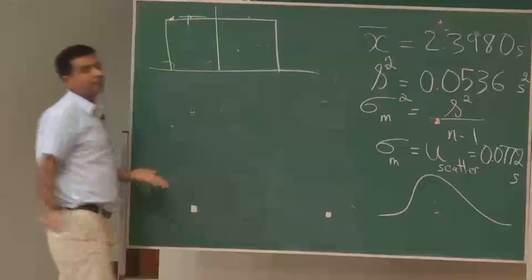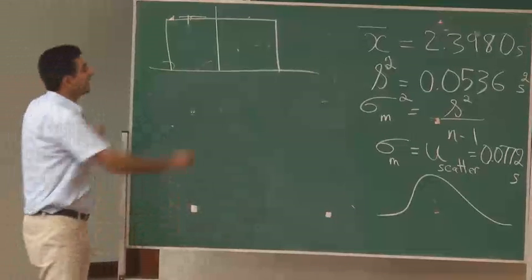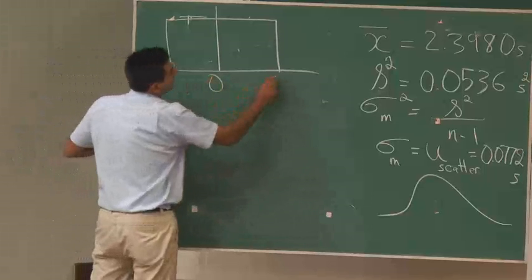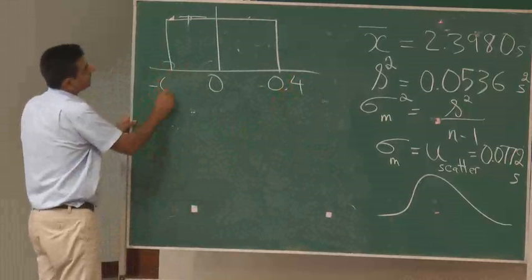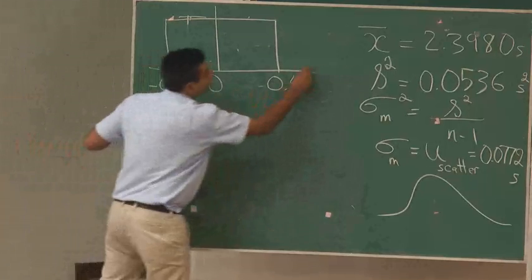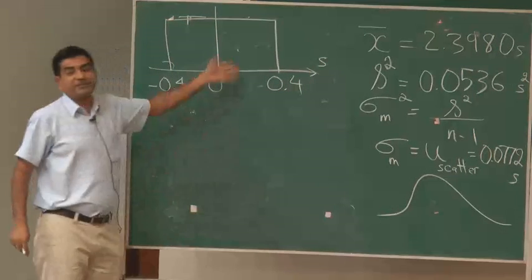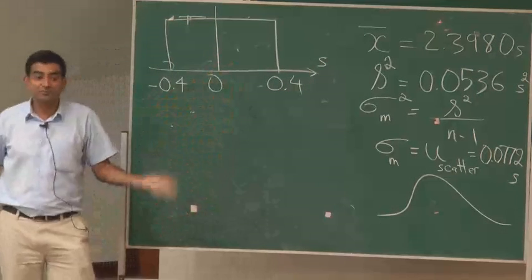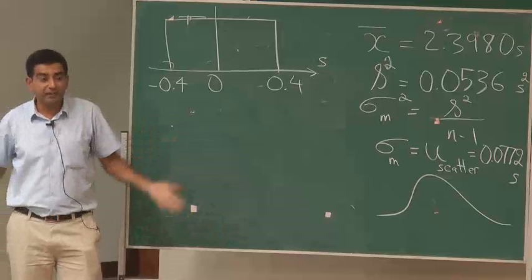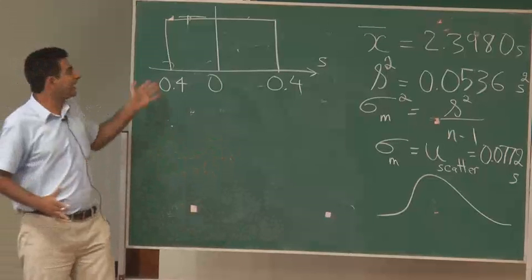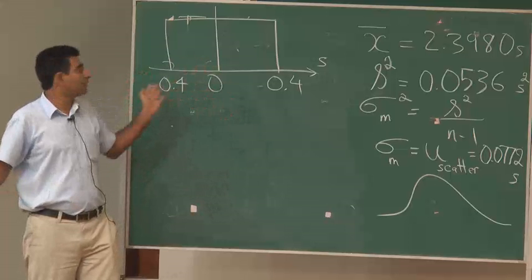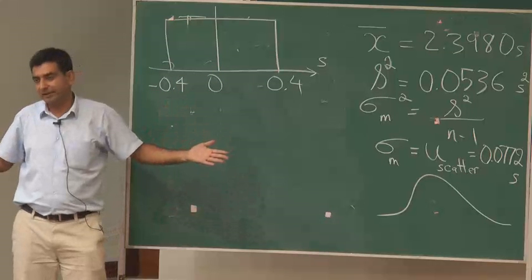That is a uniform probability distribution function that's centered at 0 and goes up to 0.4 on the right hand side and minus 0.4 on the left hand side. So this is the probability distribution function associated with human response, and it's of type B. It's a uniform probability distribution because the uncertainty has uniform probability to lie anywhere in this range.